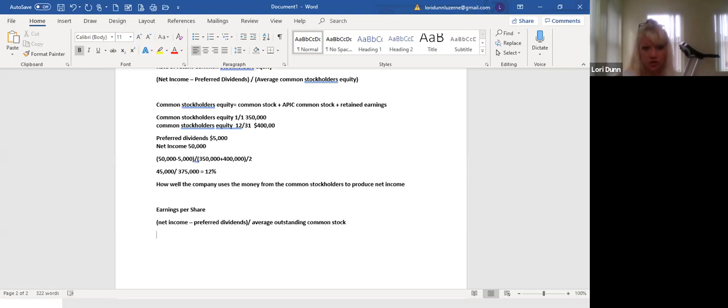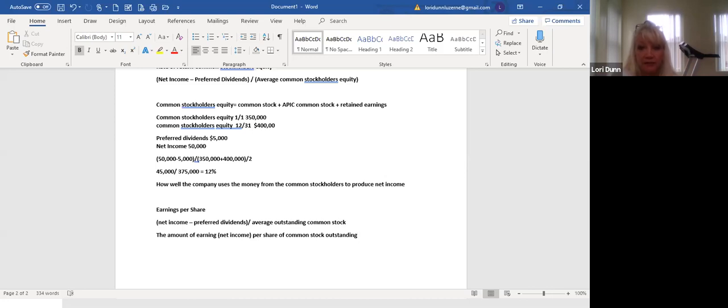Because earnings per share tells us the amount of earnings, net income, per share of common stock outstanding. So if you have preferred stock sold, you have to make sure you subtract out any preferred dividends that are promised for the year, whether they're paid or not, because that part of net income is not available and has not been made for the common stockholder.